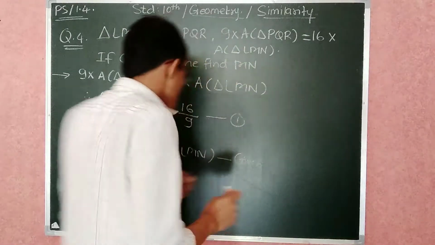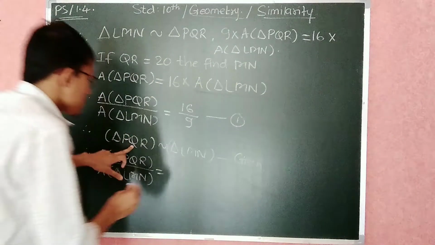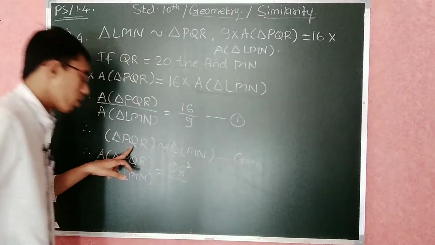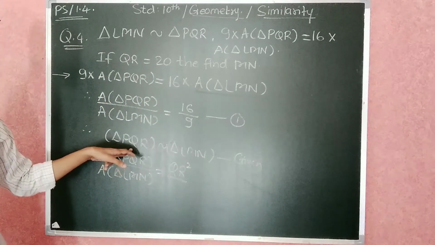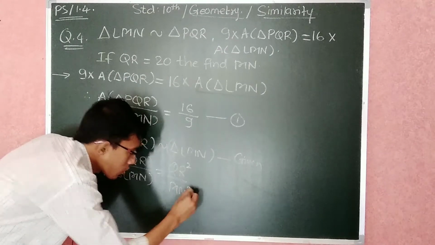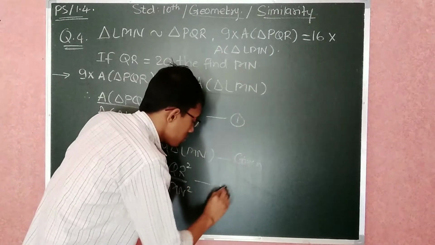So I will take one of the corresponding sides, that is QR, and the square of it upon, QR's corresponding side is MN, so MN square. This is going to be our equation 2.